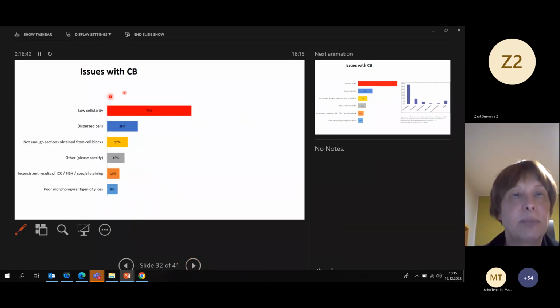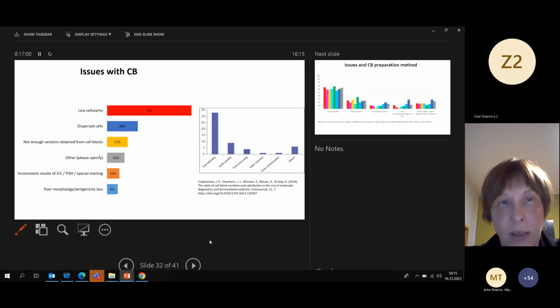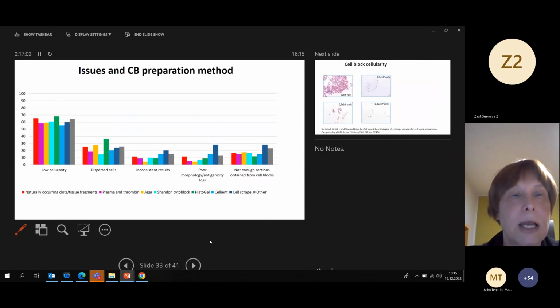What is important in this survey is that we found that low cellularity is the main issue with cell blocks in daily cytology practice. This is exactly the same as found by Crapanzano and his colleagues in their survey among American laboratories.